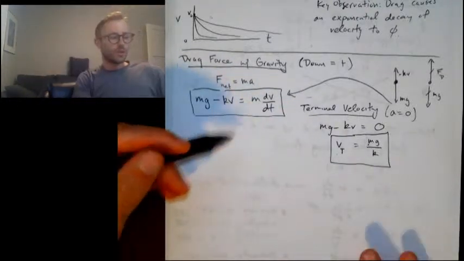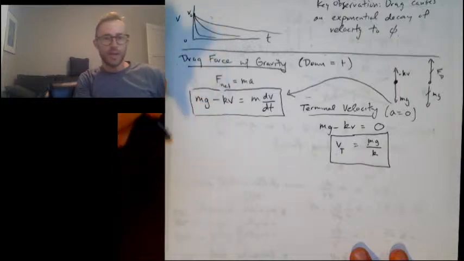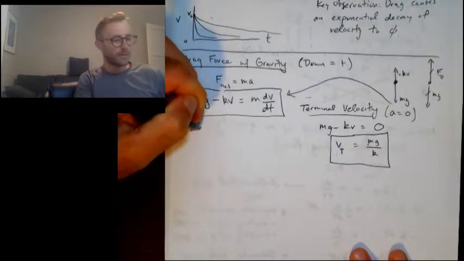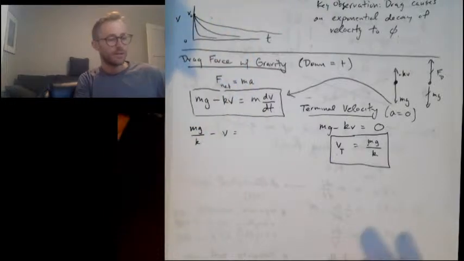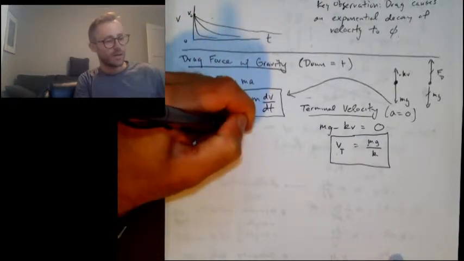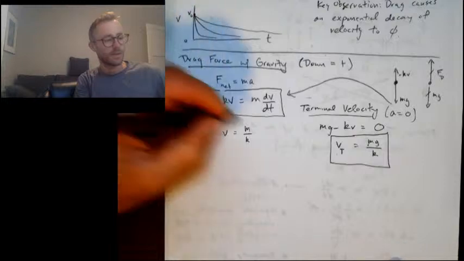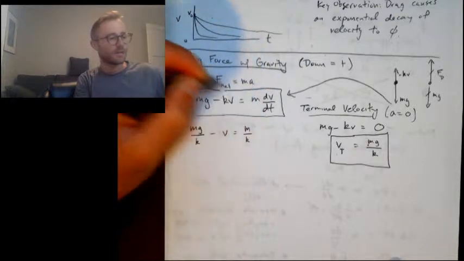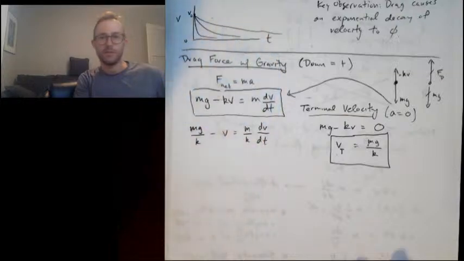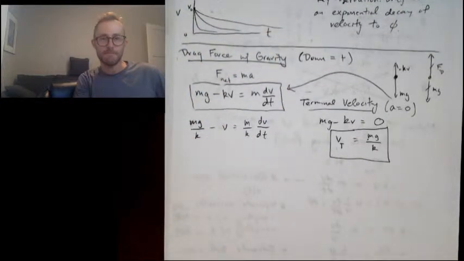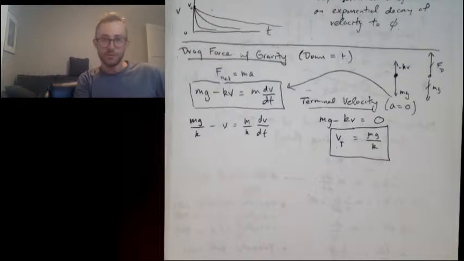Okay? So what I'm going to do is divide both sides by k. So I have mg over k minus v equals m over k dv dt. All right? So now I'm going to separate variables.